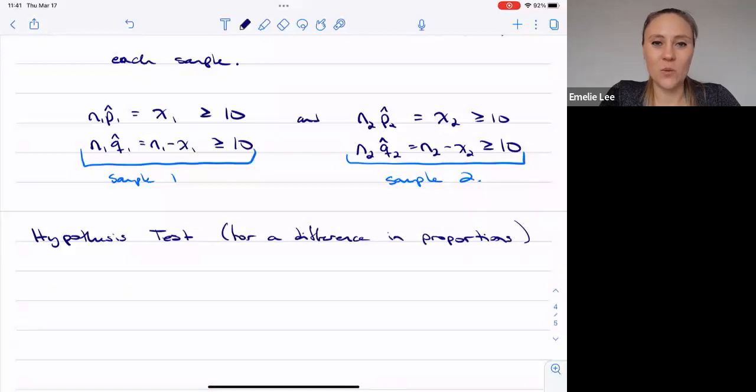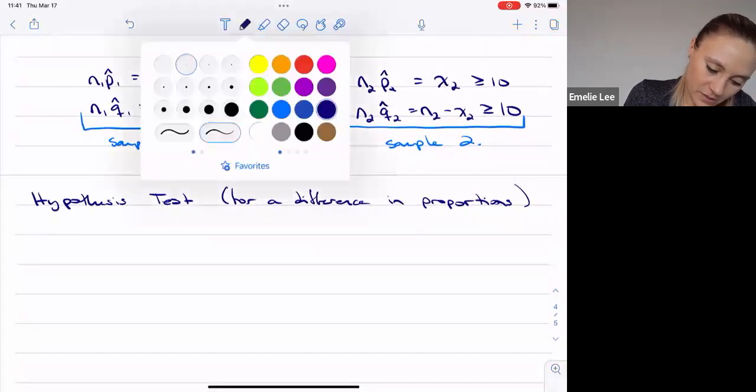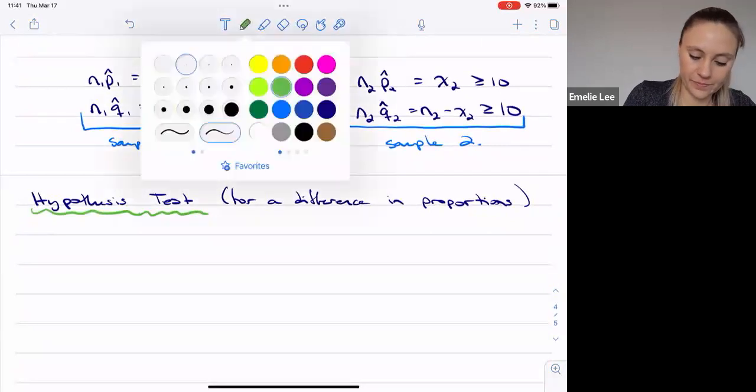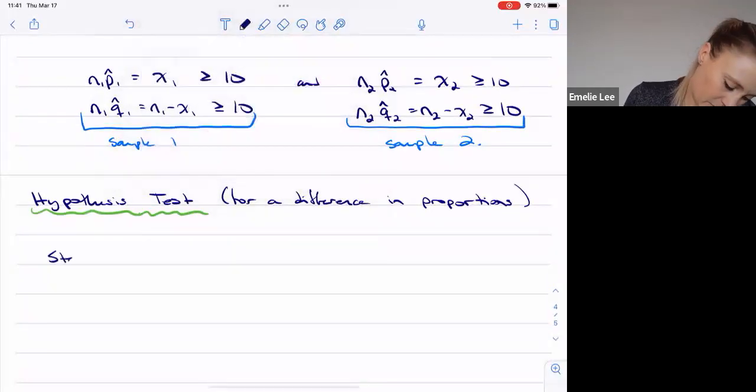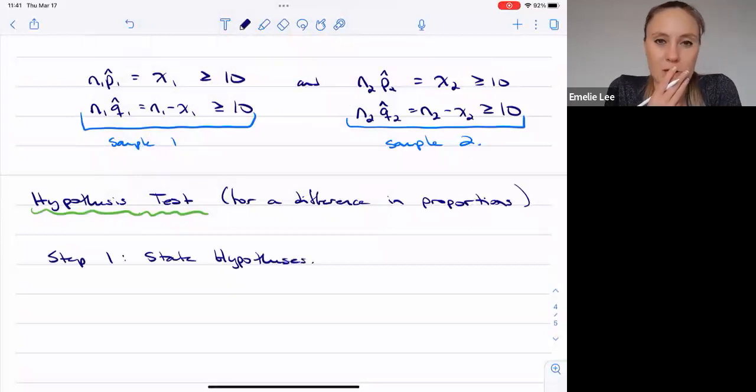What's my null hypothesis? We've already seen it. Step one is to state your hypotheses. We have them on that formula sheet, okay?